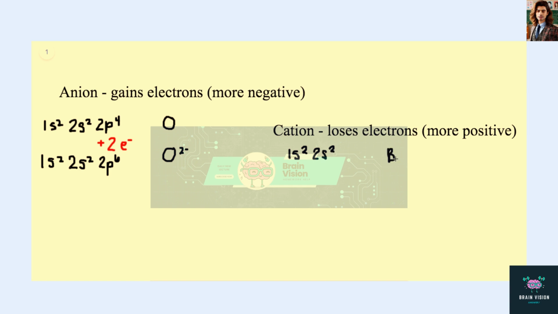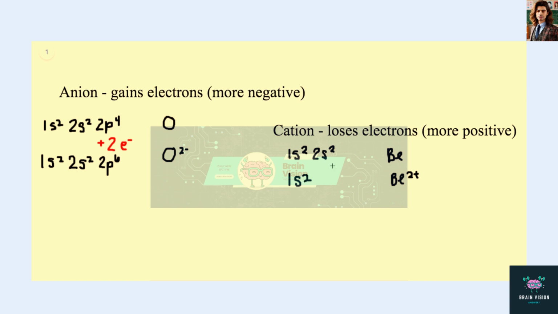But when beryllium is a cation, it becomes Be 2+, because it loses electrons, so it becomes more and more positive. So the electron configuration of a cation of beryllium would be 1s2.